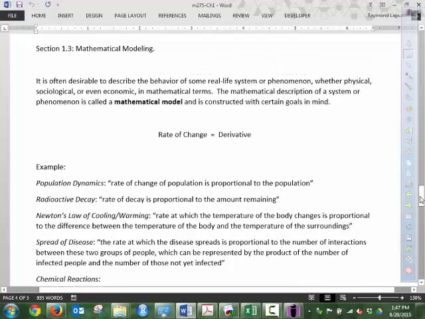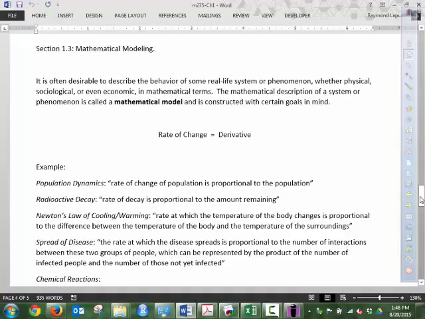All right, let's take a look at the next section, which is actually now an application section where you're going to need to try to translate words into mathematical equations. And it's kind of like those applied problems that you have in algebra and calculus. So the key thing about these problems is that you'll always see the phrase rate of change of something.